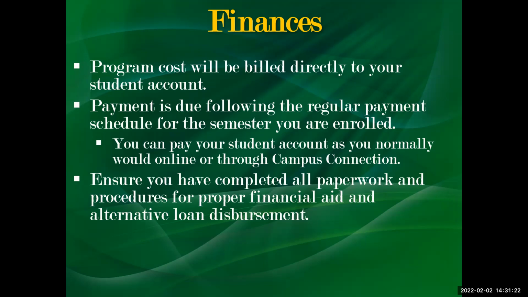The payment again is due during the regular payment schedule, and you can pay your student account as you normally would through Campus Connection. And then to ensure that you've completed all the paperwork and procedures for financial aid, you can either meet with us or your financial aid will be adjusted to include the program costs. So you can take up to that amount as well.